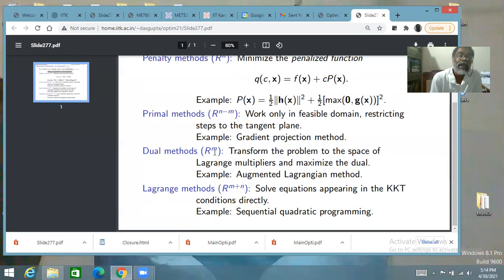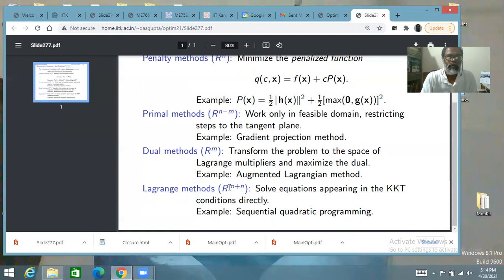Okay. The fourth family of methods is called the Lagrange methods, which operate on the complete space. Okay. That is, the original variables and the Lagrange multipliers together.